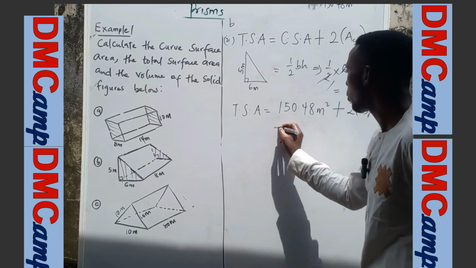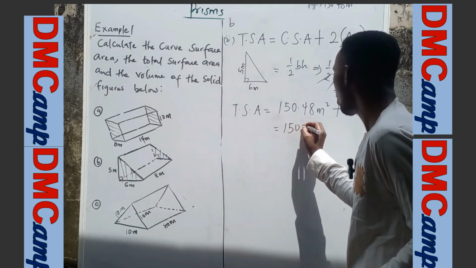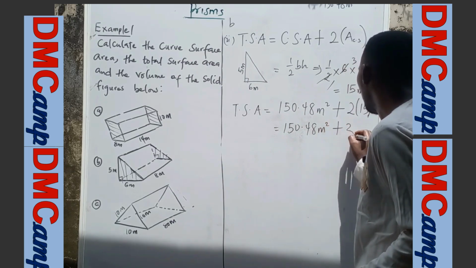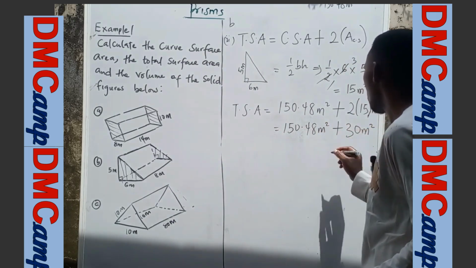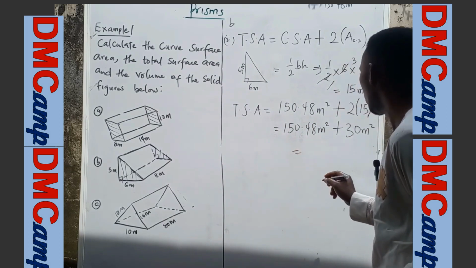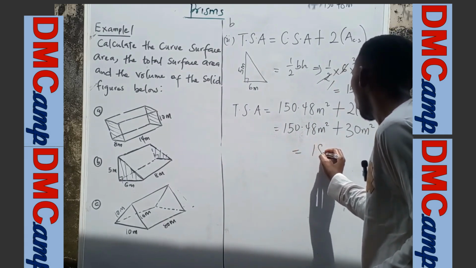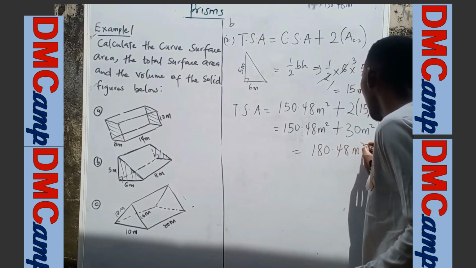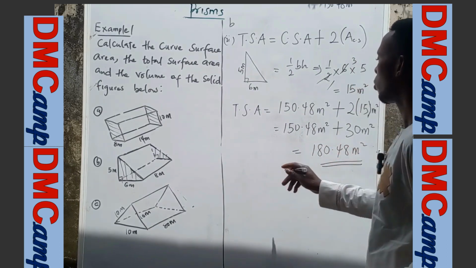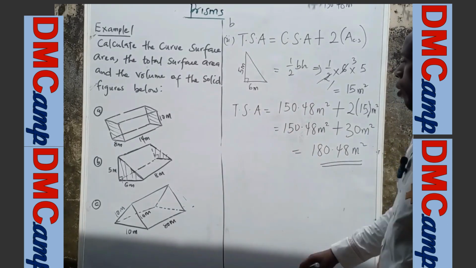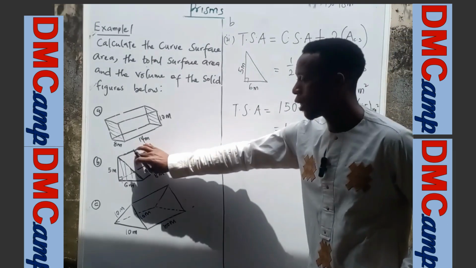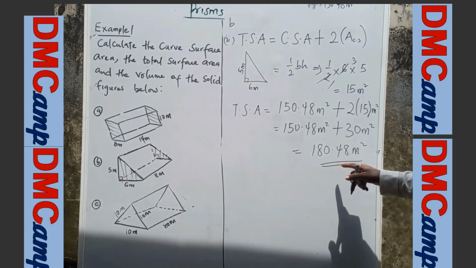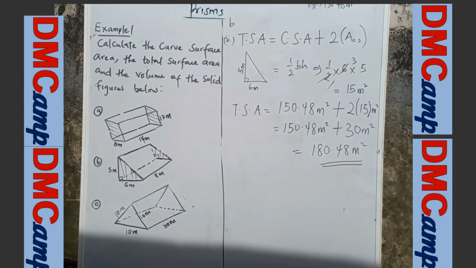So here we are going to have 150.48 meter square plus 30 meter square. So if we add the two together, we are going to have 180.48 meter square. So the total surface area of this rectangular prism is equal to 180.48 meter square.